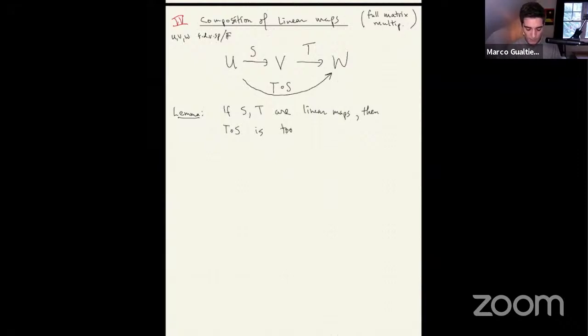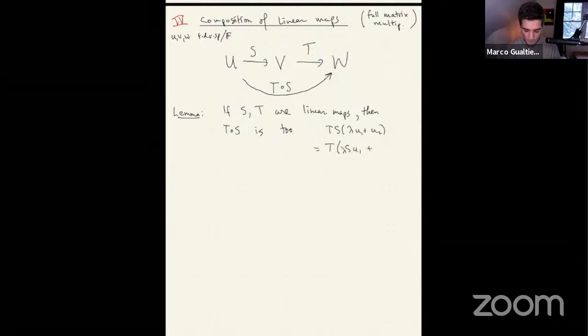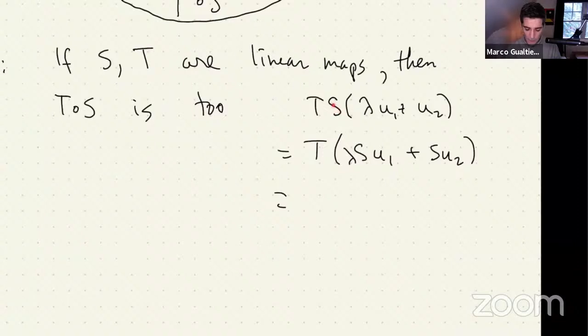And that's not difficult to see. If you want to check linearity, then you're going to get this, right? So this is using the linearity of S. The linearity of S allows you to take S through the lambda and apply to u and distribute over the sum, right?